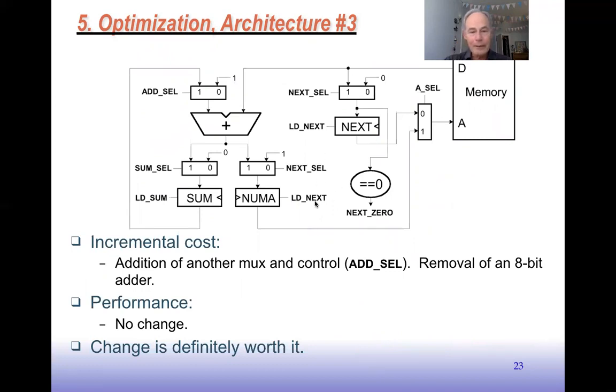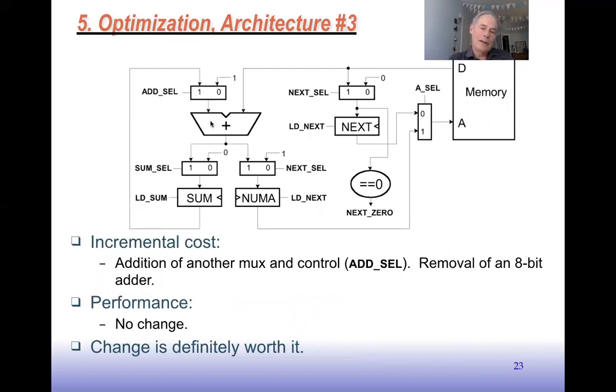Got rid of the adder over here and moved the adder over here, and the NUMA register is over here now. So we had to add an add select multiplexer here to choose whether or not we just take sum and feed it back. Before, the sum value was hardwired into the left input to this adder.